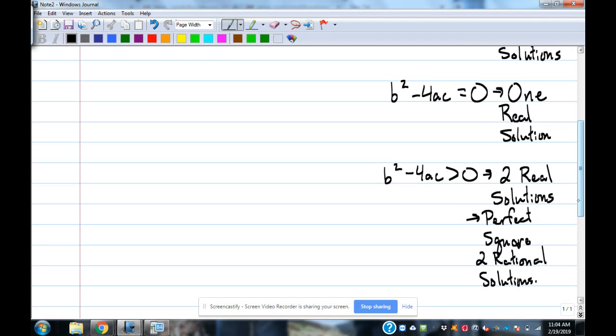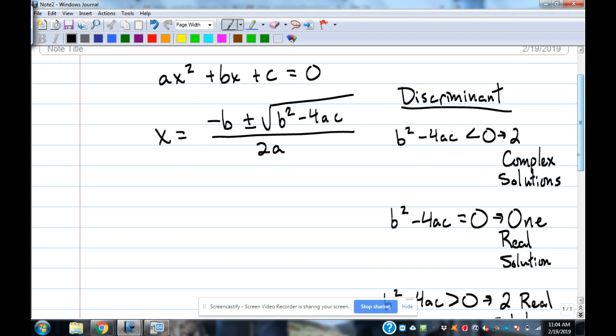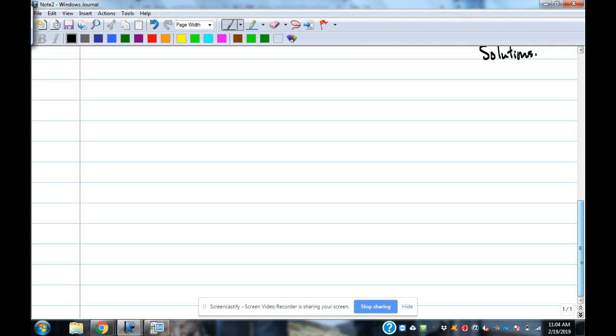Now, let's work on using our friend, the quadratic formula, to solve a quadratic. The good news about the quadratic formula is it always works. Factoring doesn't always work. Quadratic formula always works. It's like the biggest hammer in your toolbox, okay?